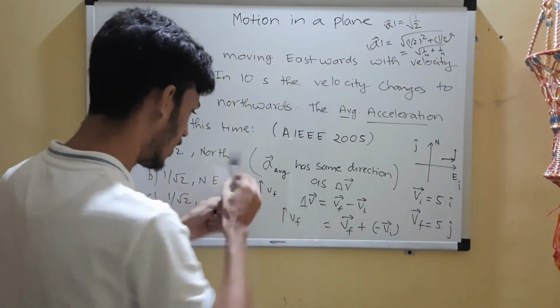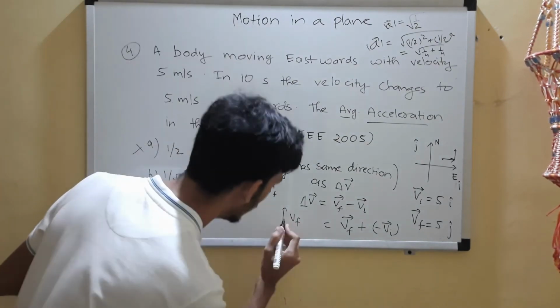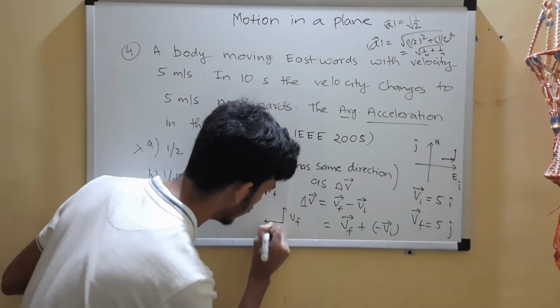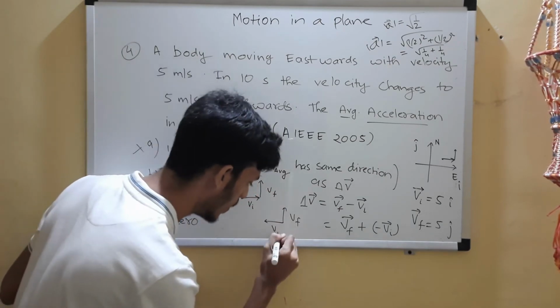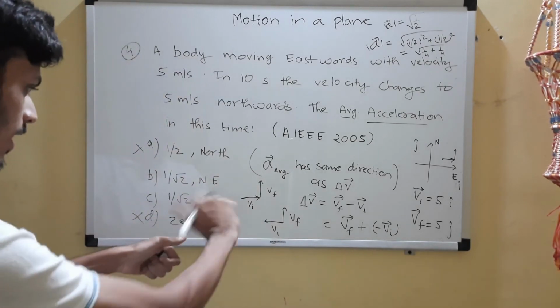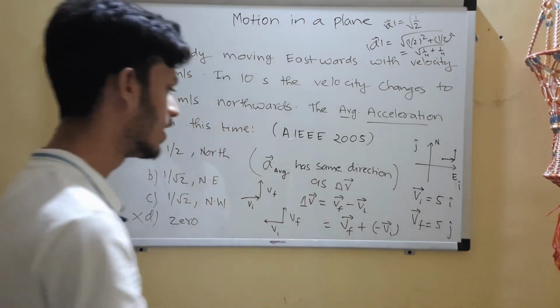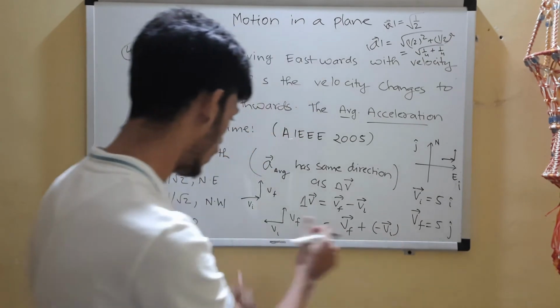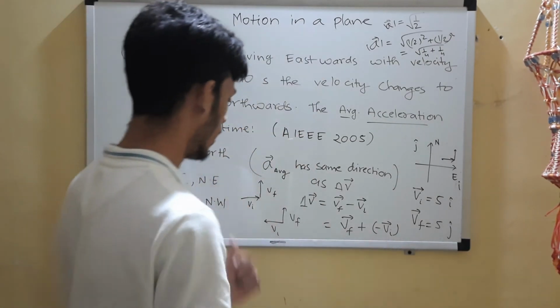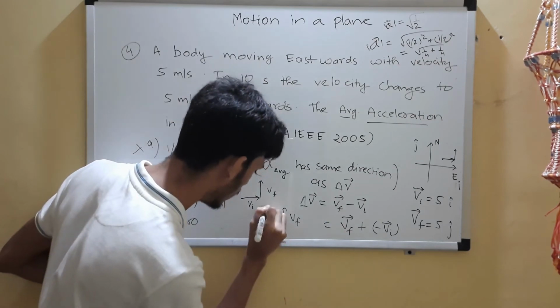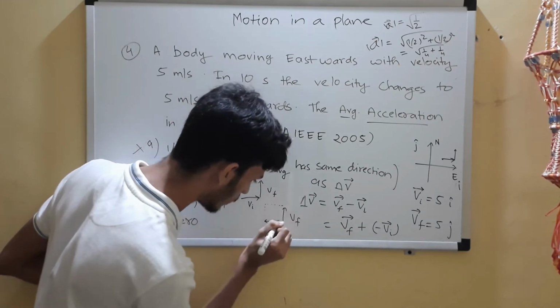it 180 degrees, right? Now all of this we have discussed in our vector chapters, okay. So I just flip this 180 degrees. So we just have to add these two, V final and negative of V initial. Now complete the parallelogram.